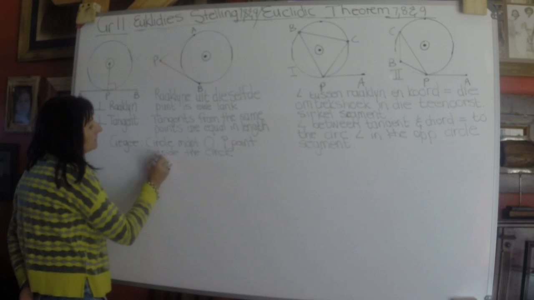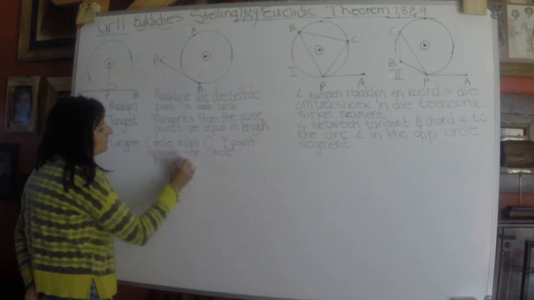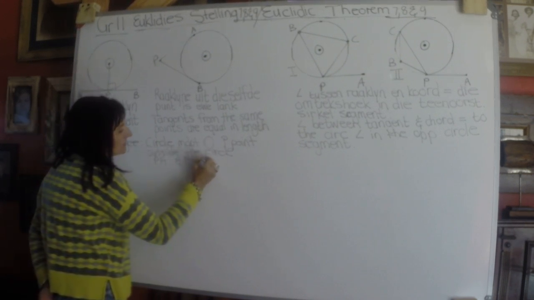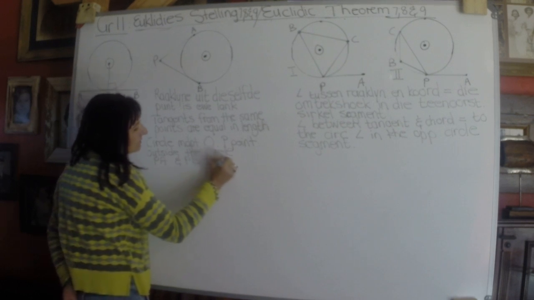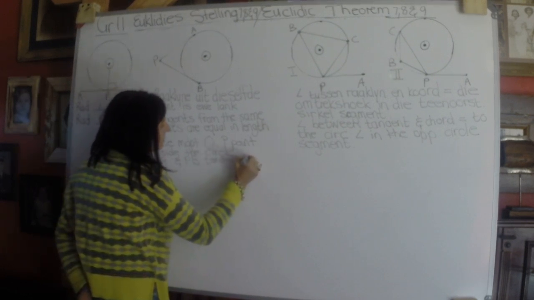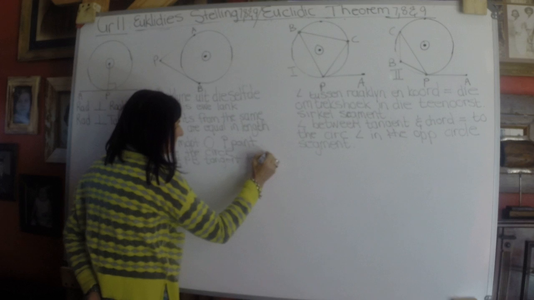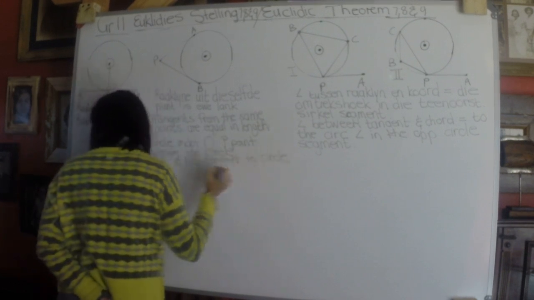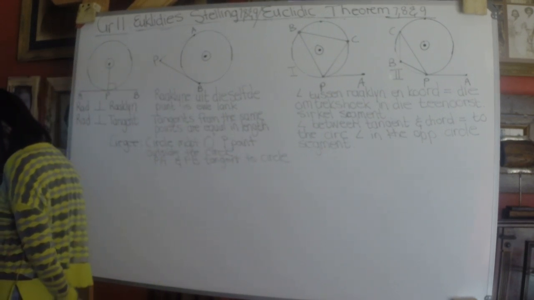PA and PB are tangents to the circle. Okay, that's all that's been given.